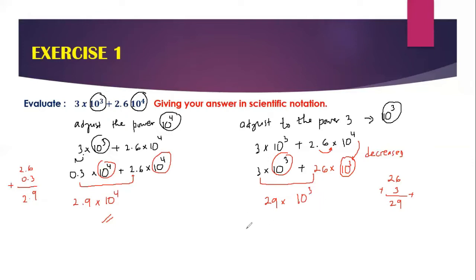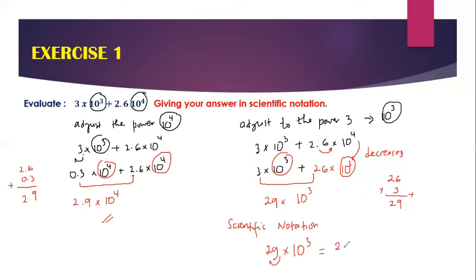Okay, but the instruction is scientific notation. Scientific notation means you have to change the number to leave one digit before the decimal. So 29 times 10 to the power 3 means you have to move this decimal here.